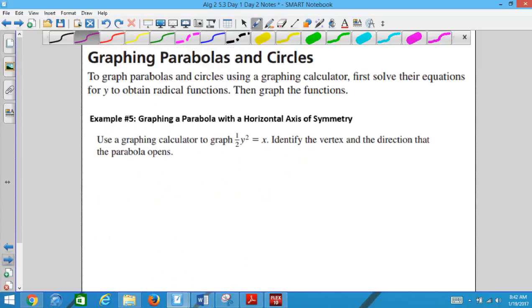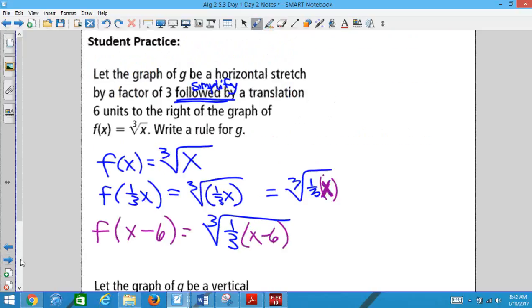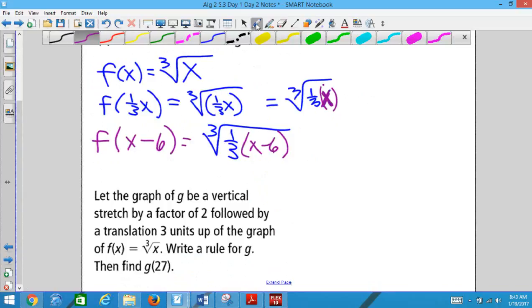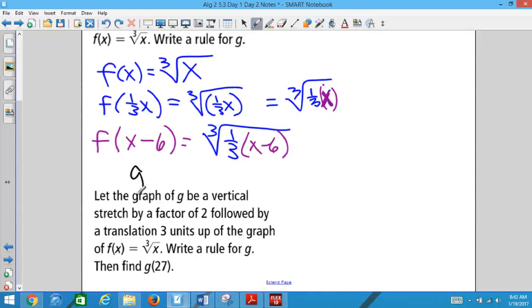Is there anything I can simplify there? I can distribute, right. So our final answer is going to be g of x equals cube root 1/3 x minus 2.